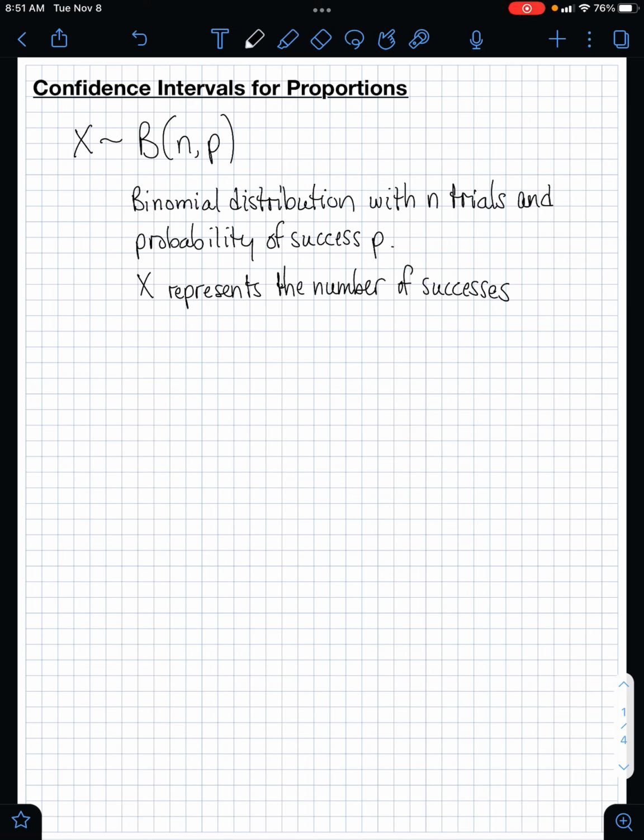So what we get then is that our proportion of success is p hat, or sometimes written p prime. If you happen to look in our textbook, they use p prime, but p hat is a very commonly used notation as well. And it is equal to the number of successes over the number of trials.